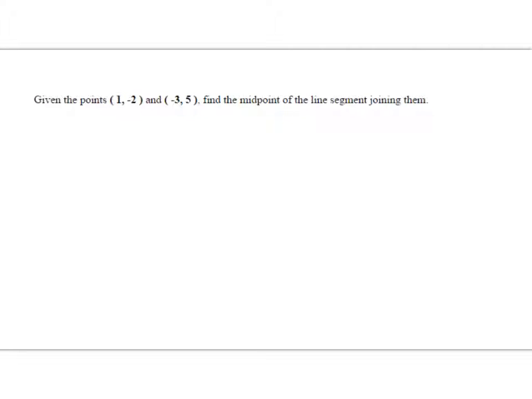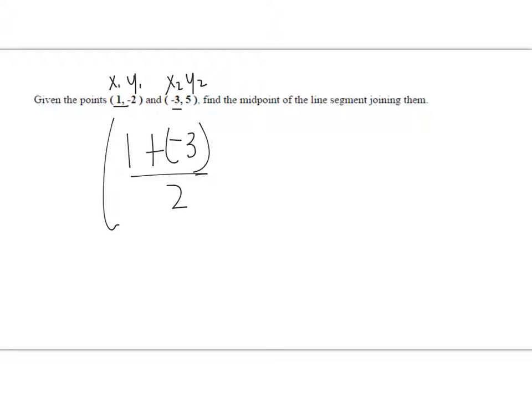So we're given the points (1, -2) and (-3, 5). We want to find the midpoint of the line segment joining them. It doesn't really matter which one's x1 and which one's y1, just that you have them matched up the same, and then x2, y2. So to find the x-coordinate, we're going to go 1 plus -3 over 2.